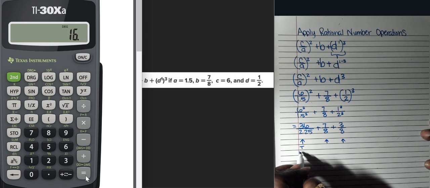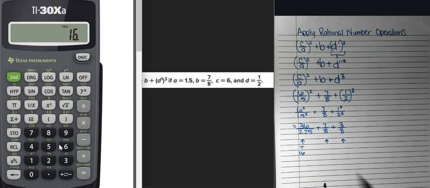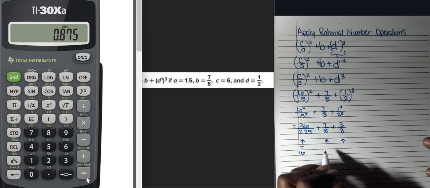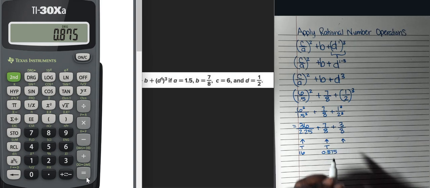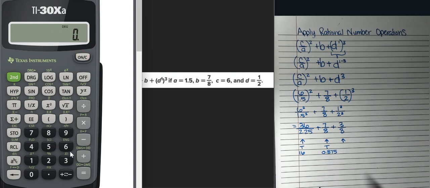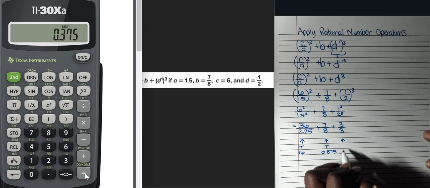And I'm just going to put 16 underneath so we know what that's equivalent to. All right. And then we have 7/8. So 7 divided by 8. That's equal to 0.875. So that's also a terminating decimal. And let's see what happens with 3/8. So 3/8 would be 0.375. So this is also a terminating decimal.